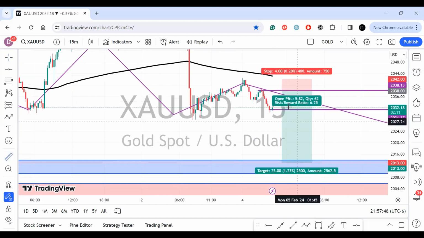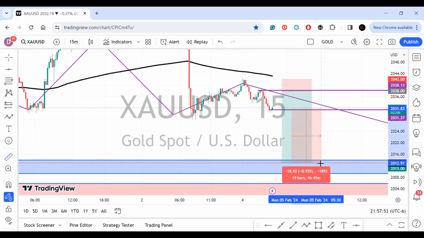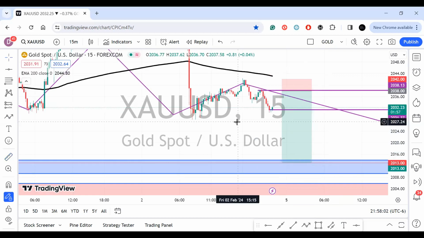Yeah, so once price comes to our TP here, I'll be looking for maybe another opportunity just to buy up to retest this zone, this H4 zone.